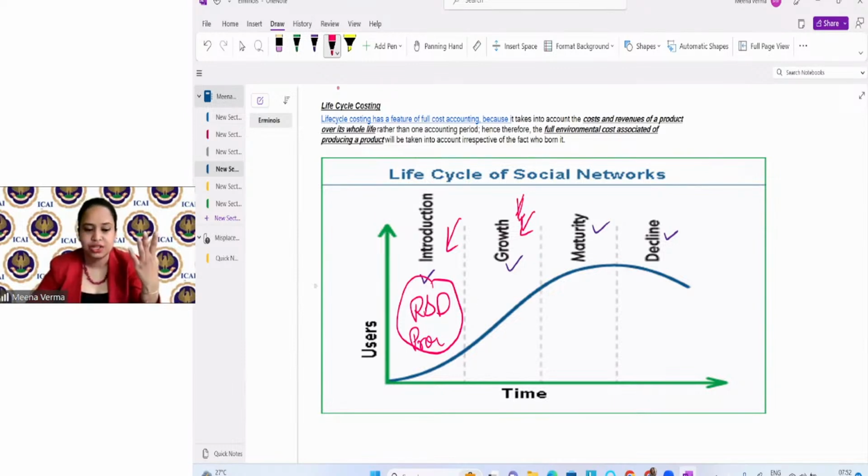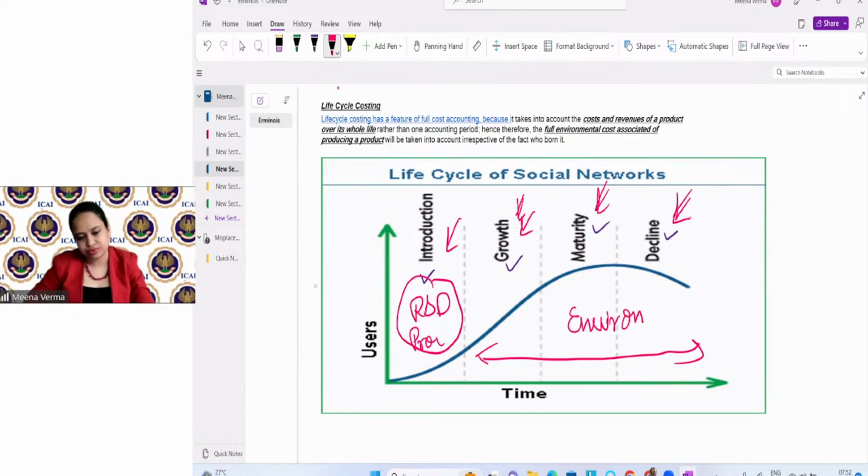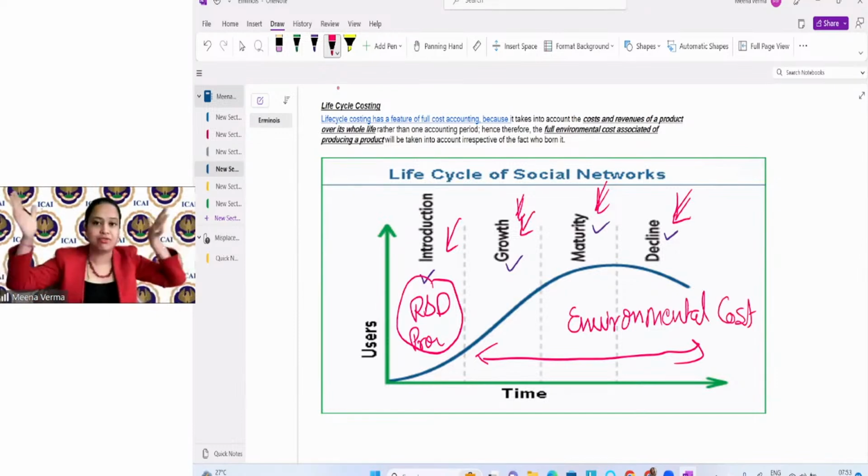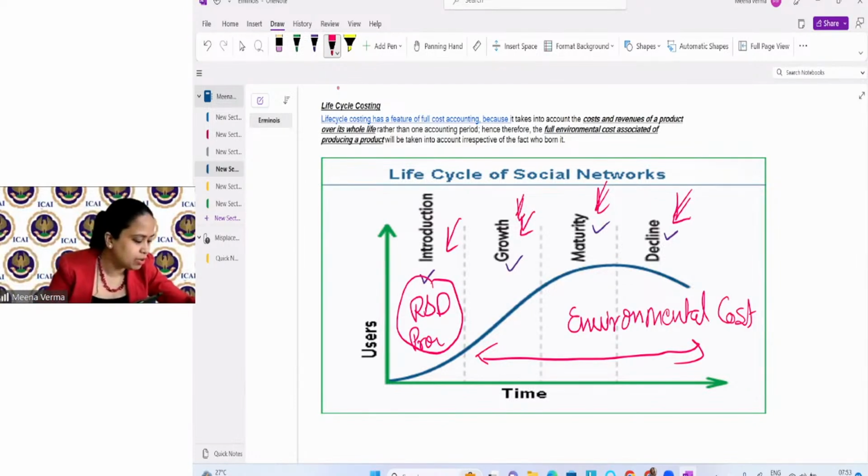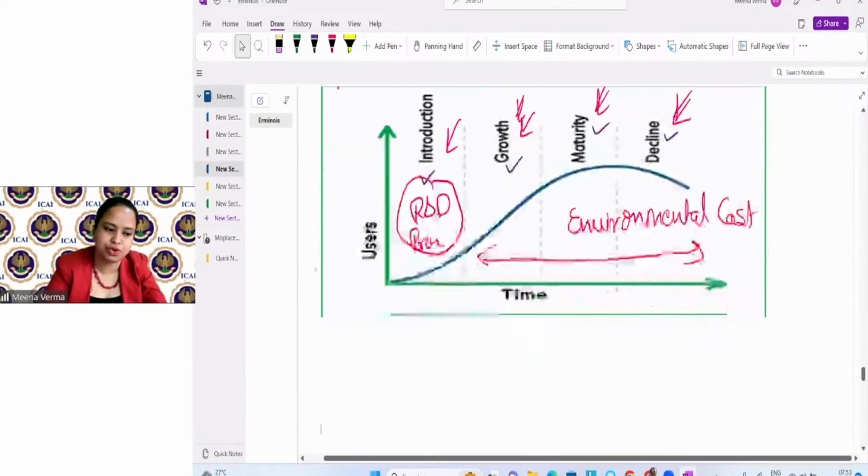So over the entire life of the product, the environmental cost the company is incurring will come here in life cycle costing.